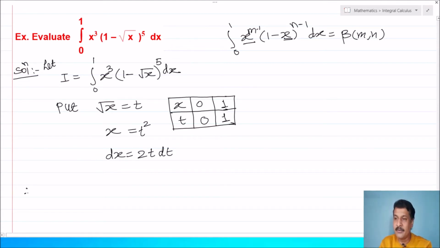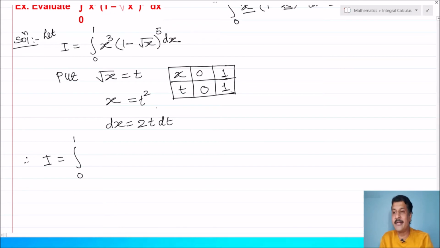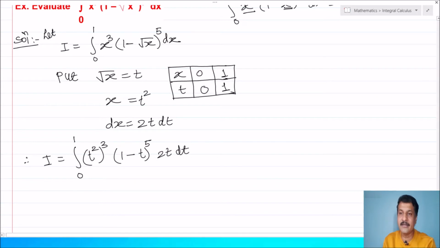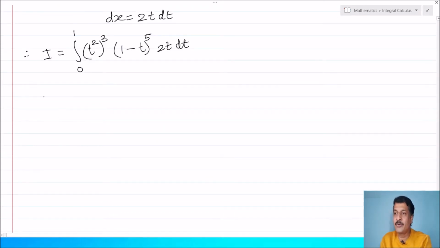Therefore this integral I becomes, with limits 0 to 1, the integral of x cubed, where x is t squared, cube of it, into (1 minus root x), root x is t, raised to 5, and dx is 2t dt. Simplify now. Take the constant term 2 outside.